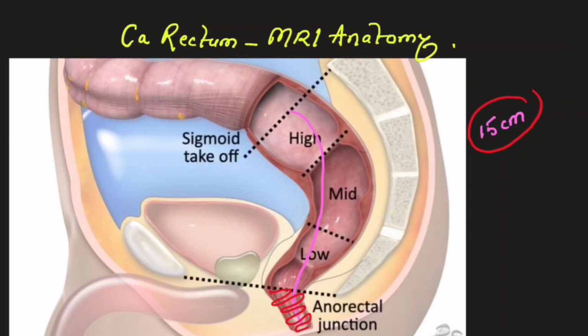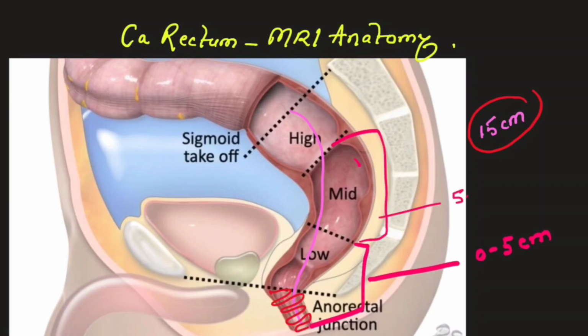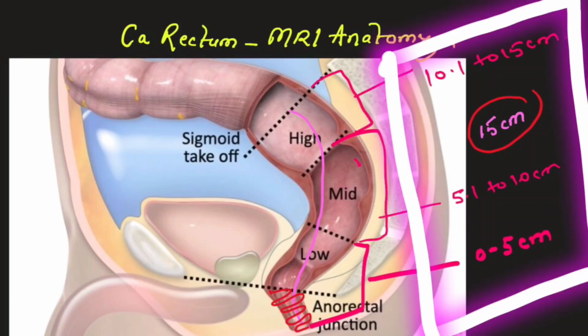The low rectum, which is 0 to 5 centimeter in length. The mid rectum, which is 5.1 to 10 centimeter in length, and the high rectum, which is 10.1 to 15 centimeter.